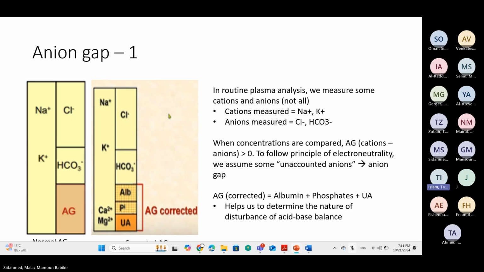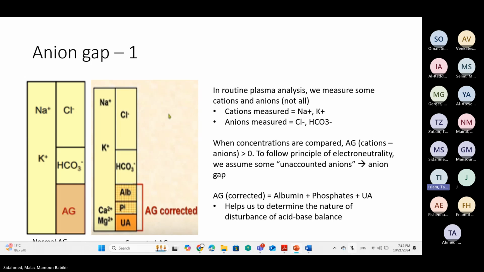Now, the corrected anion gap consists of three main components, which are albumins, phosphates, and unmeasured anions. And this is what the pathophysiology department expects you to know. The principle of this is electroneutrality, which is a fancy way of saying that the plasma has to be electroneutral, meaning that the charges, both positive and negative, have to cancel each other out.